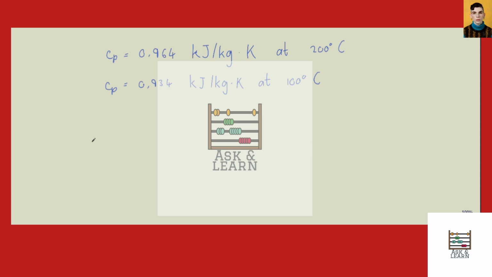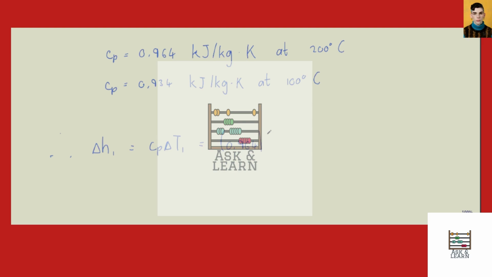So therefore, we have delta H1, which is Cp delta T1, and this is equal to 0.964.